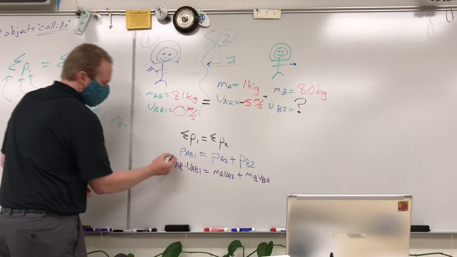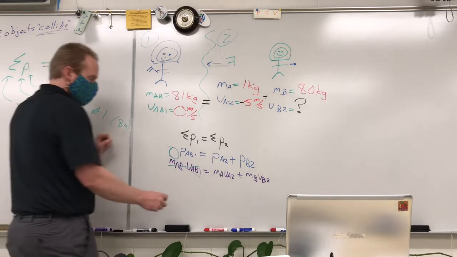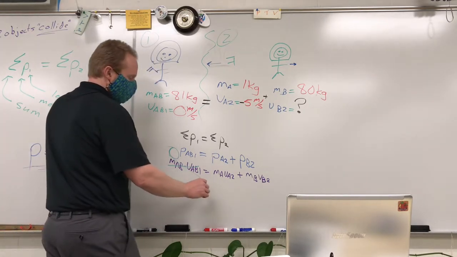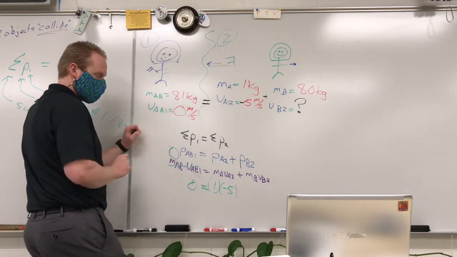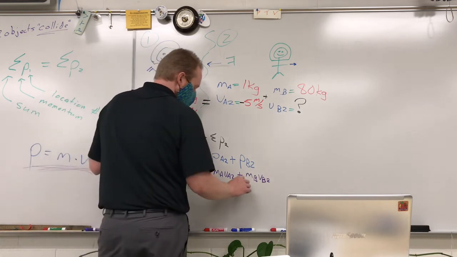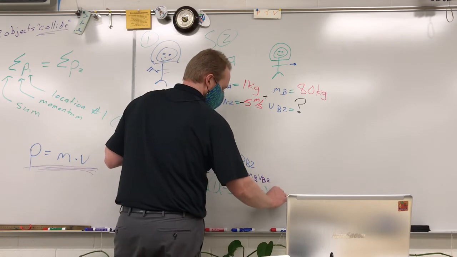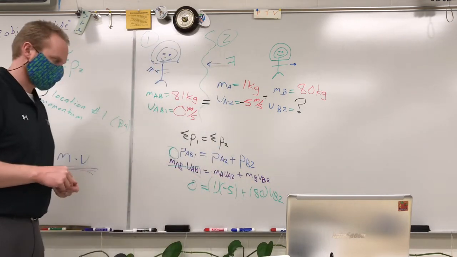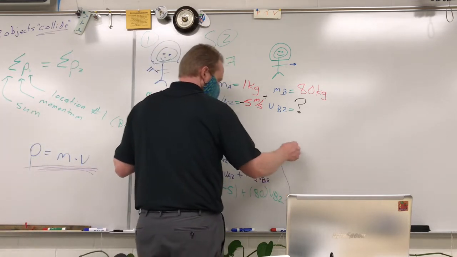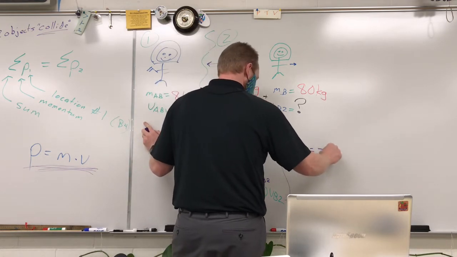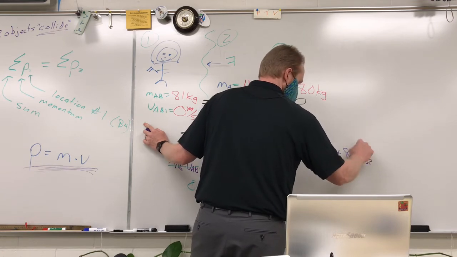Now, the velocity at location 1 was 0, which means they start with no momentum. So 0 is equal to the mass of the wrench times the velocity of the wrench, which is -5, because I drew it going to the left, so it's negative, plus the mass of the astronaut times VB2. 0 is equal to -5 plus 80 VB2.